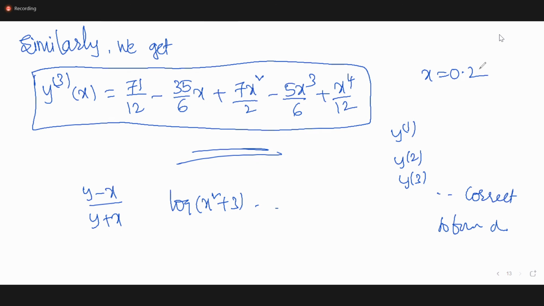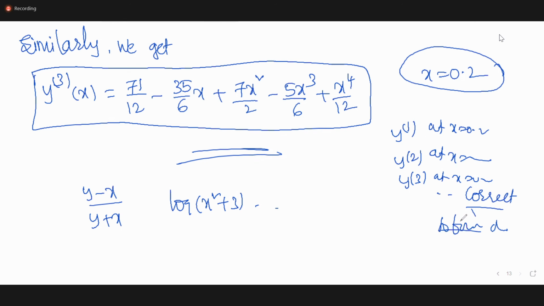So in the maximum number of cases, you are asked to find the value of y at x is equal to some point, either 0.2 or 0.4 or 0.6, etc. In those cases, find the approximations at x is equal to 0.2: second approximation at x is equal to 0.2, third approximation at x is equal to 0.2. So we have to find the approximations correct to 4 decimal places.